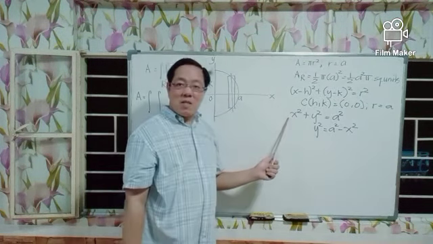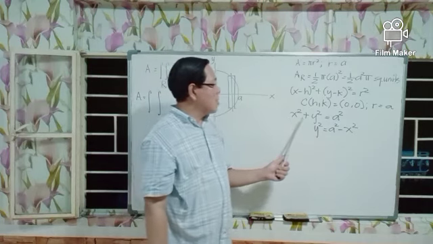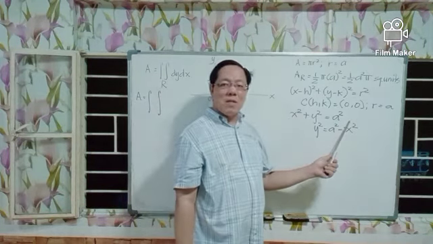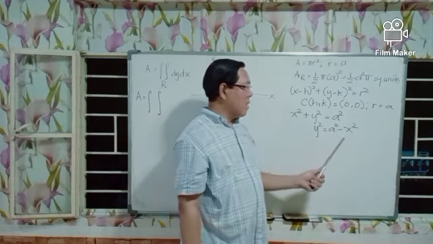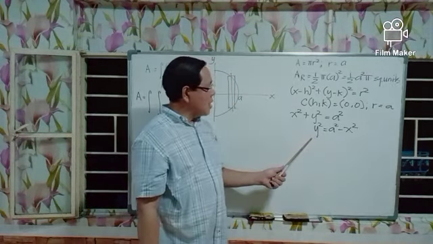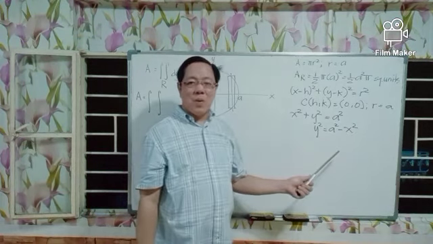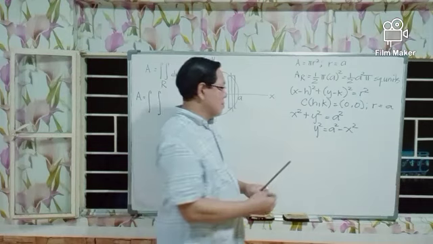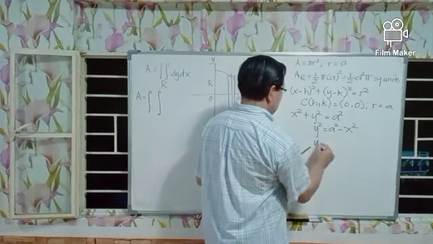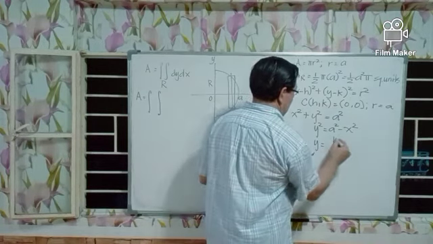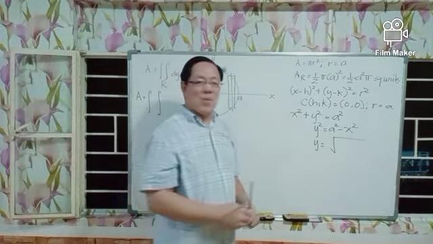If you subtract x squared from the left, x squared will be cancelled, and you subtract the same x squared from the right, you get a squared minus x squared. And now we extract the root of both sides to solve for y. The root of y squared is y, equals the root of a squared minus x squared.